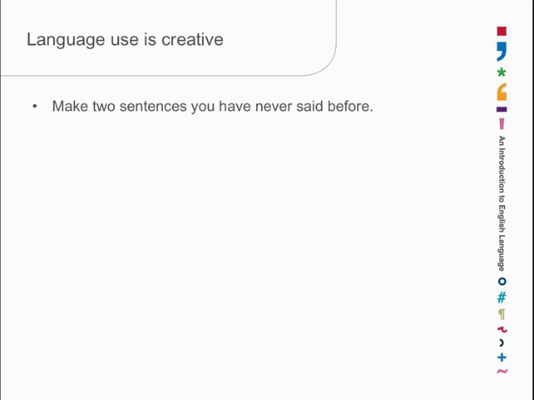Here's a little exercise, one of the exercises that we do from time to time. Spend a minute or two to make a couple of sentences you've never ever said before, and then maybe write them down. Think of a sentence that you've never said before.